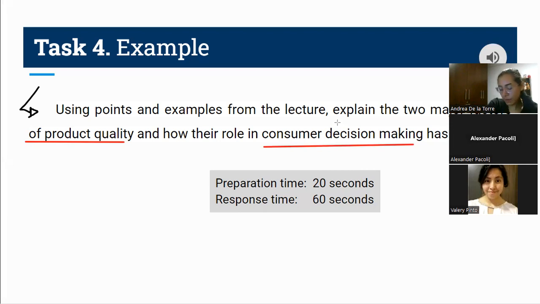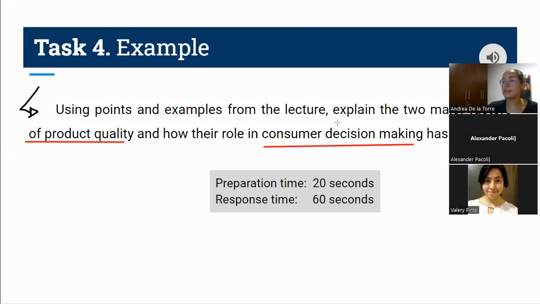So why am I saying this? What happens is many times the introduction of the lecture can be a little bit long and a little bit confusing. So sometimes it isn't clear what the topic is, or maybe it's hard to find a way to summarize the topic in a few words, which you will have to do for this task.